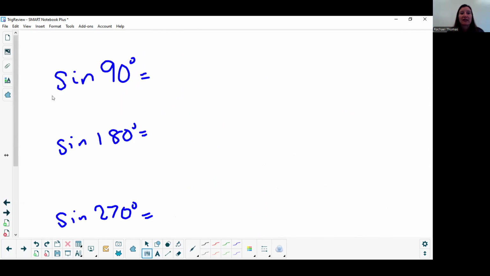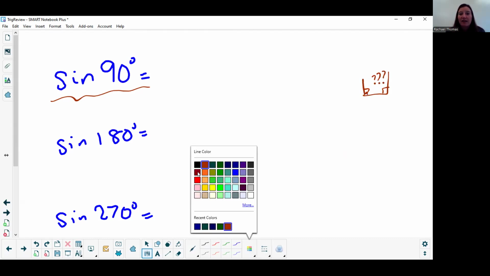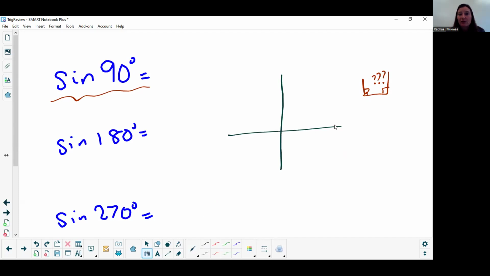I could ask you for the sine of 90 degrees, which, if I'm stuck to the right triangle SOHCAHTOA definition of sine and cosine, this question makes no sense. I can't draw a right triangle that has another 90-degree angle. That's not a triangle. But if I define sine and cosine this way, talking about the unit circle, there's my circle, and this has a radius of 1, so I've got points here like (1, 0), (0, 1), (-1, 0), (0, -1).